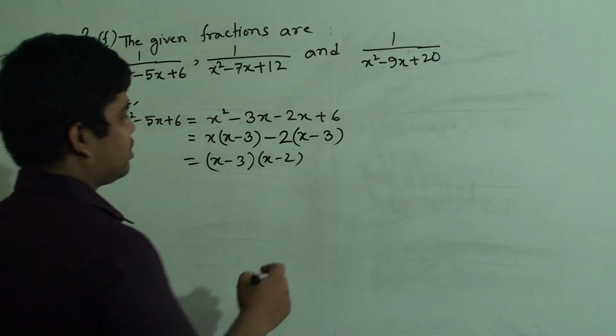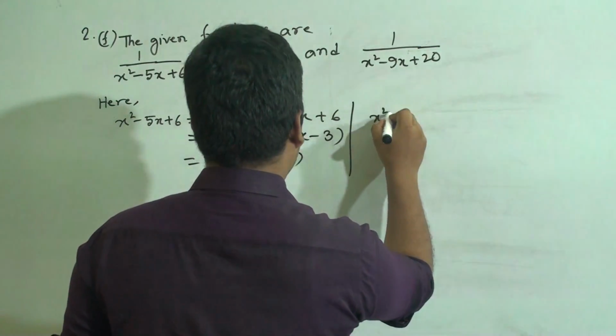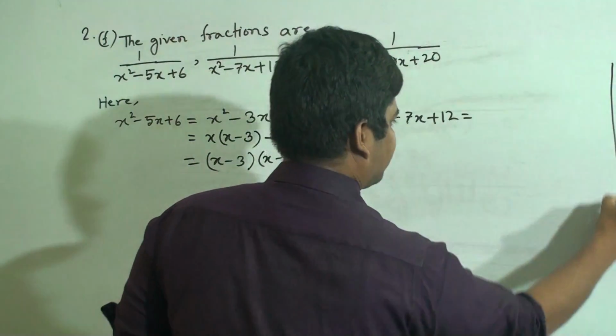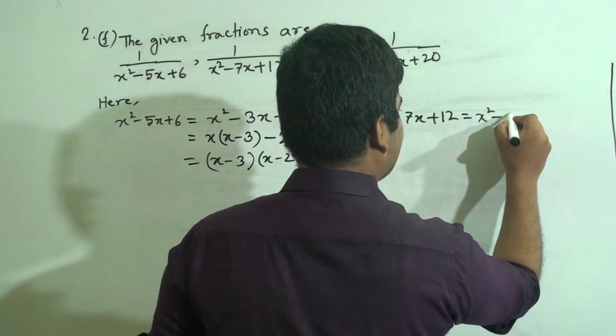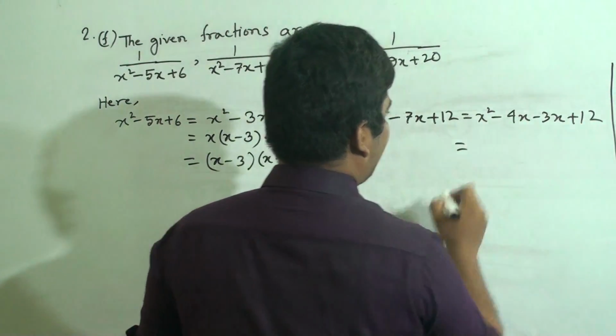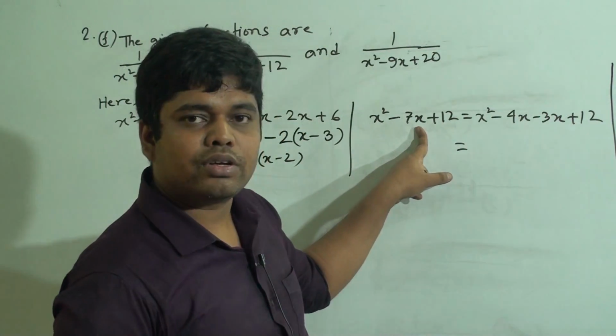And next one is x square minus 7x plus 12 equal to x square minus 4x minus 3x plus 12. Okay, we break this minus 7x by the middle term method.